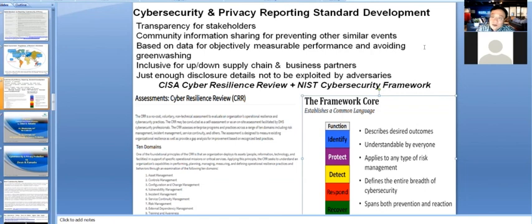And here is my research up to now, and I will continue this research on how to provide a very good, globally accepted reporting standard.